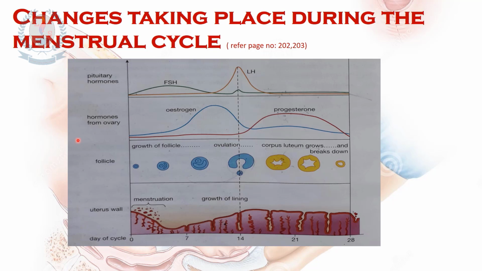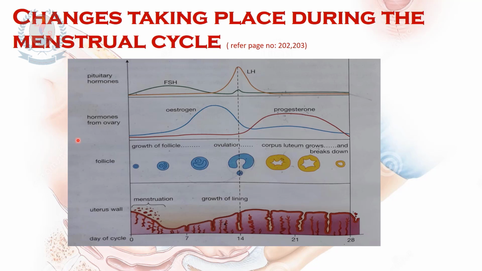Inside a woman's ovary, thousands of cells are developing into mature cells. These mature cells further grow inside a sac called a follicle. The hormone FSH is important to grow this follicle.